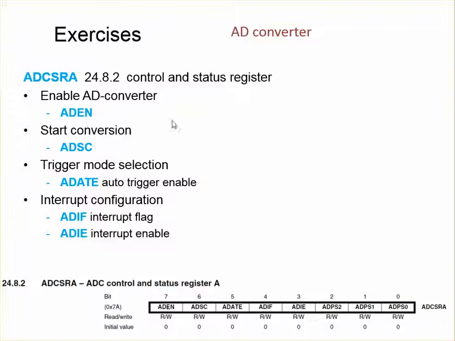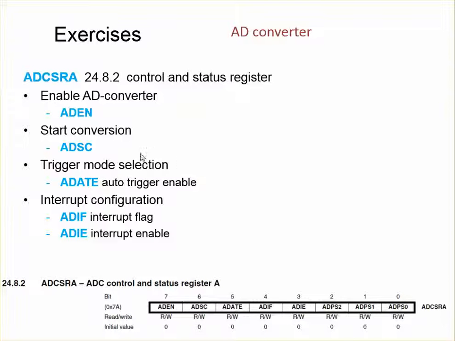And next, when we have activated the AD converter, we have to start the conversion. There is this AD conversion start bit, and by putting this 1, the conversion will be started in the single shot mode.